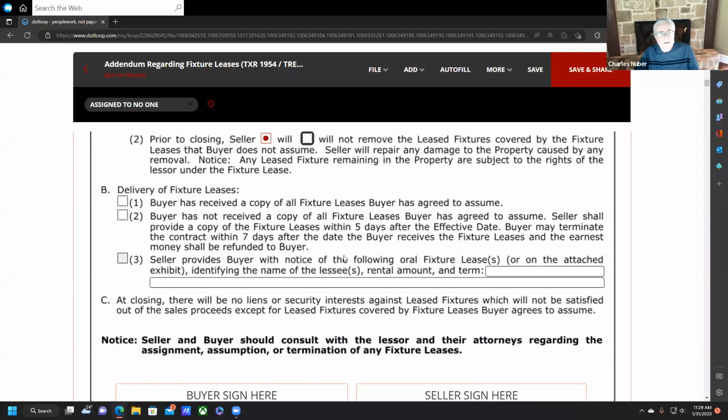Buyer may terminate this contract within 7 days after the date the buyer receives the fixture leases, and the earnest money shall be refunded to the buyer. If it's one of those leases where we're transferring it to you, you have to pay a new rate, and they're not going to pay a new rate, or it's a purchase loan, which would not be on this form, then I'm talking about chasing a rabbit here.